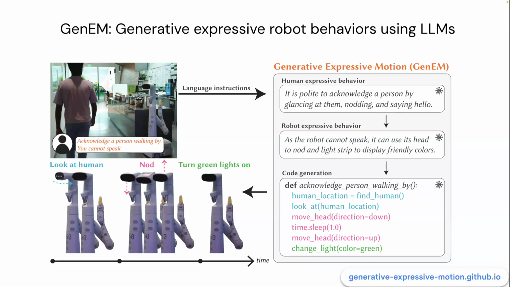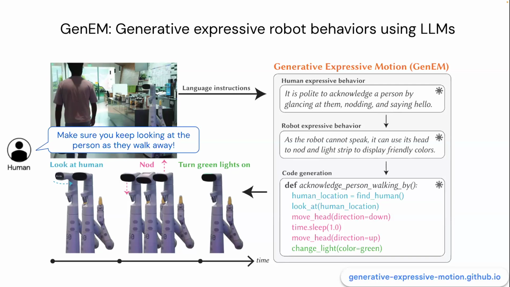It basically translates it into a potential way of greeting people. And then it can do code generation just as in code as policies. In this case, it decided that the best behavior was to look at a human, nod its head, and then turn the lights green. This is something that it just came up with, given the APIs that it was given.